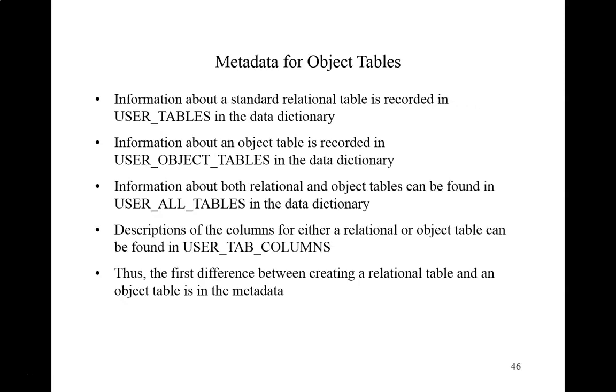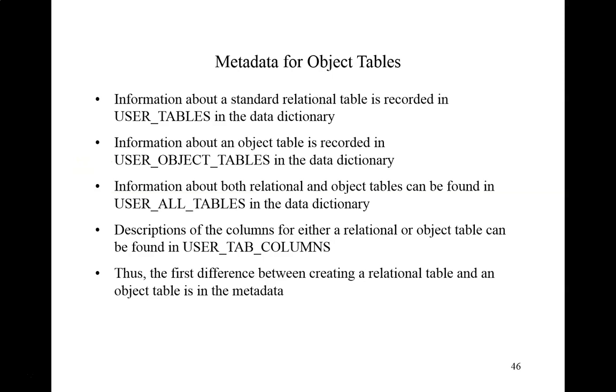Oracle Database makes a clear distinction between a traditional relational table and a table of objects that appears to be a relational table. This distinction is evident when we look at the system catalog. Information about a standard relational table is exposed through user_tables. Information about an object table is revealed through user_object_tables.